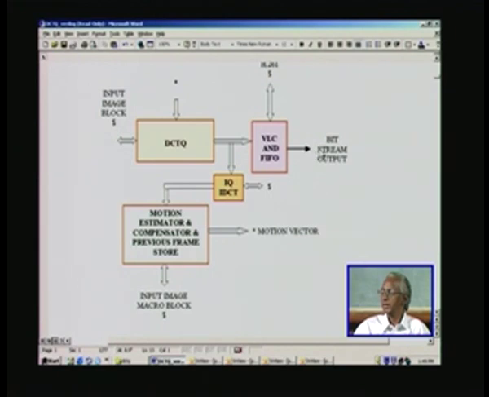At the receiving end you receive this bit stream, and there will be a FIFO there also, and from that we do inverse operations, namely VLD, where D stands for decoder, and get parallel information which is the DCTQ equivalent here. There will be this processor at the receiving end, and that will be processed, and you will get a recovered signal here, and that signal will be the same as this one.